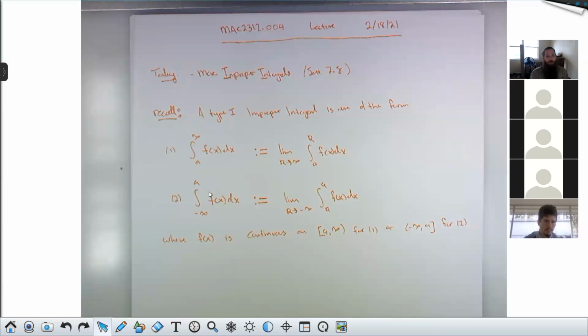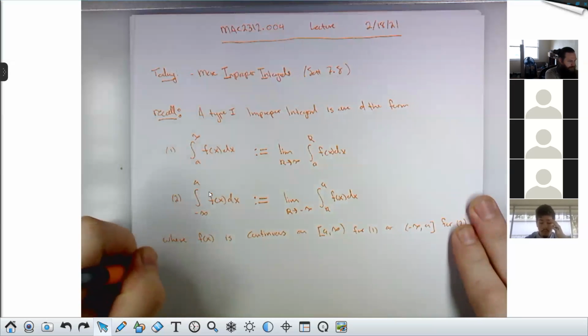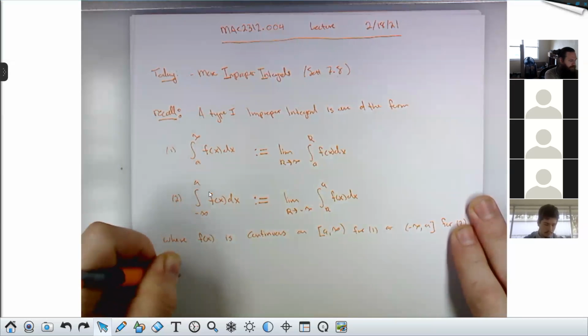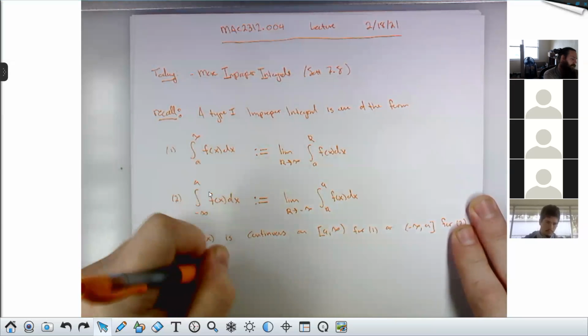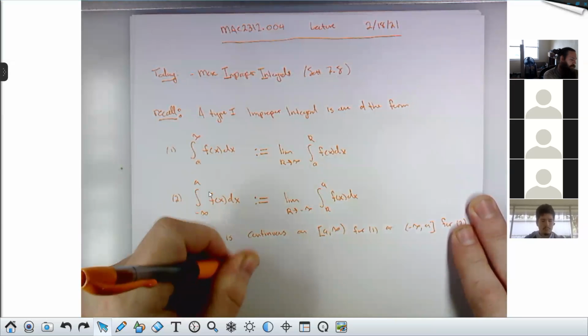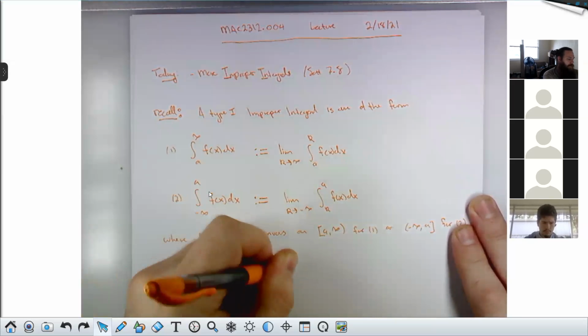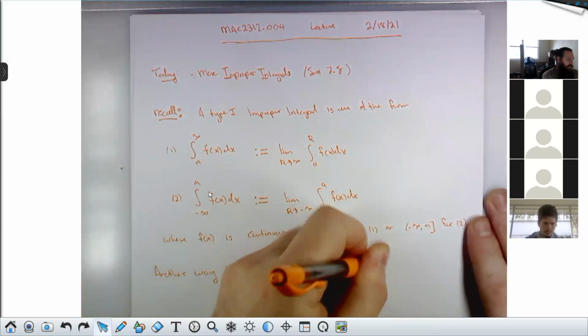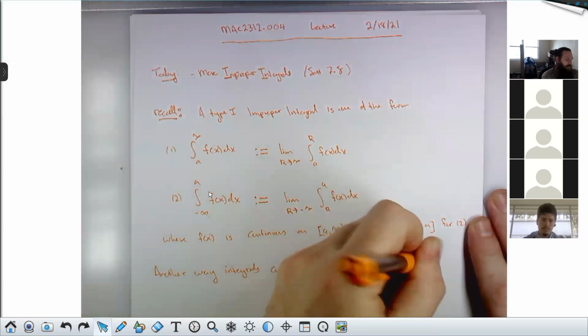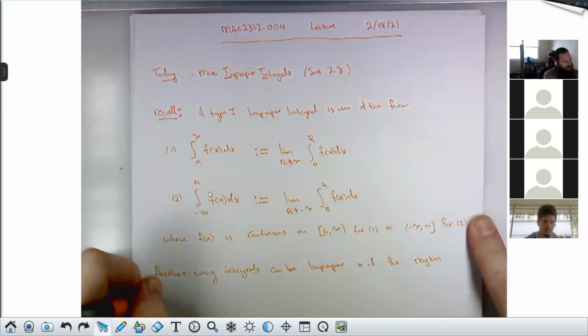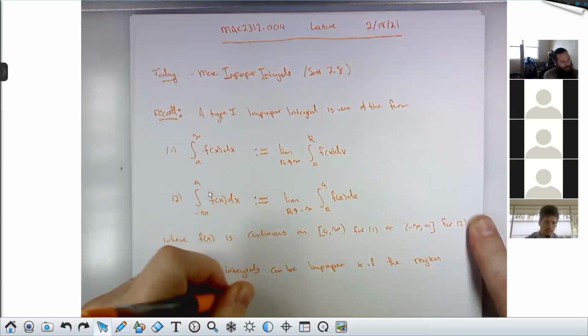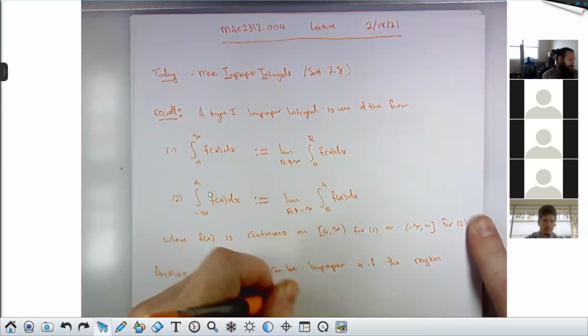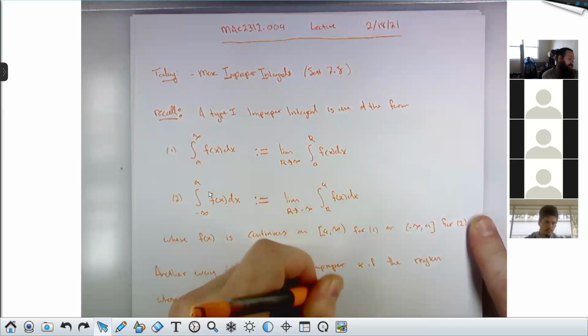A type 2 integral is one where the region is infinitely tall. So another way integrals can be improper is if the region whose area is being measured is infinitely tall.